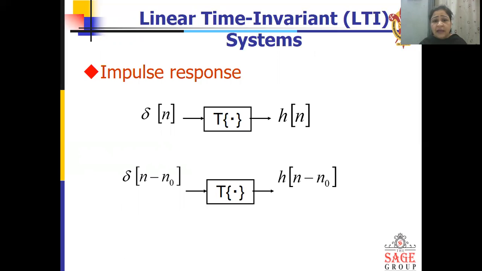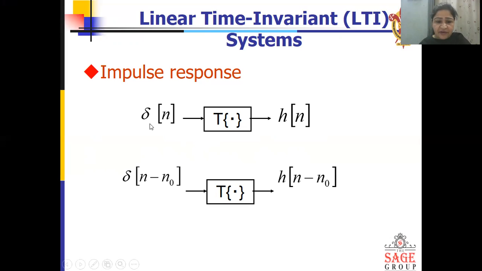Now, what is linear time invariant system? In my previous slides, I have discussed the linear system and time invariant system. Now, if a system is linear as well as time invariant, in that case, the system is known as linear time invariant system, which is LTI system. Now, suppose the system is LTI system.